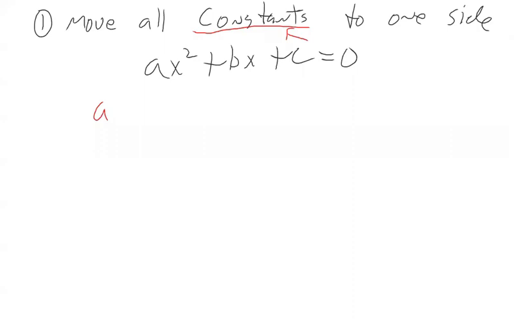So ax squared plus bx equals negative c, because I had to subtract c to get it to the other side. Now, don't think the answer is always going to be negative. You're just moving the number that doesn't have an x attached to it to the other side, so it's no longer equal to 0. That's the only thing you're doing in step 1.